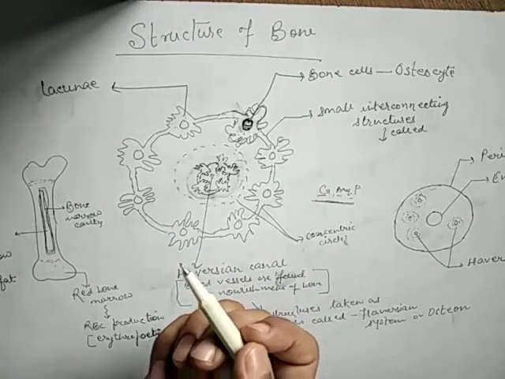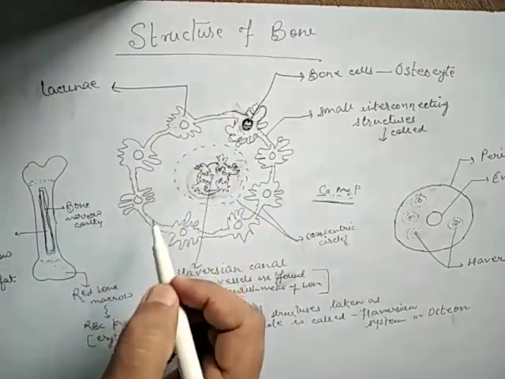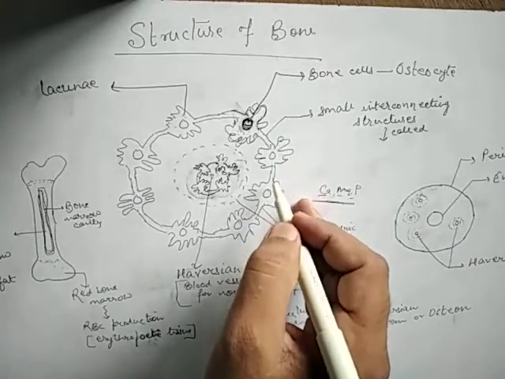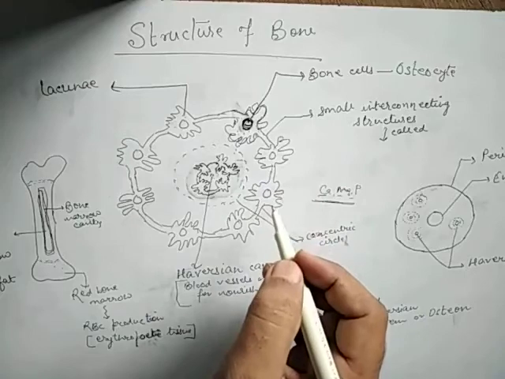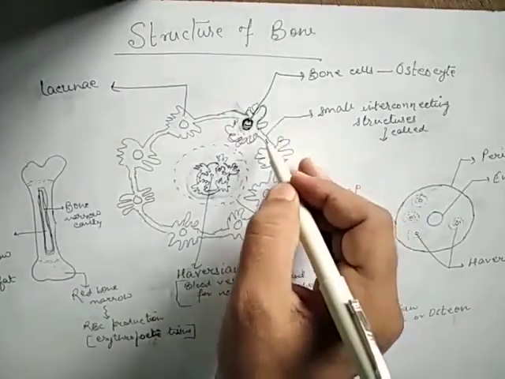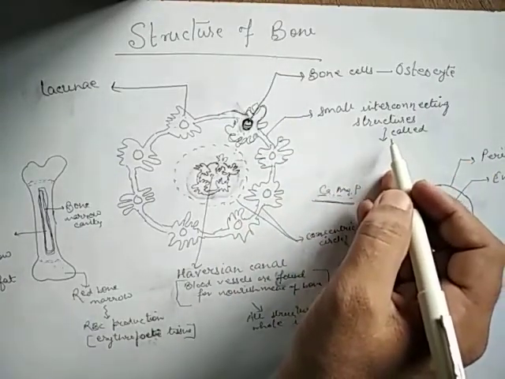And these lacunae, the spaces in which the osteocytes are found, are connected to each other through small interconnecting structures, and they are called what?